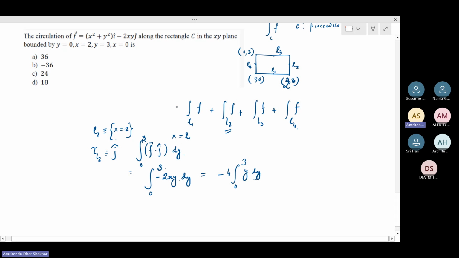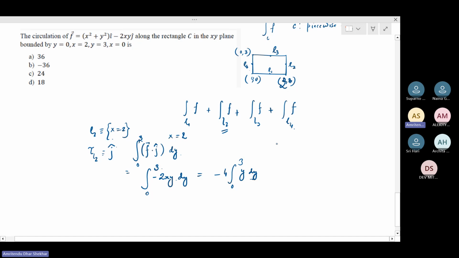Okay, so similarly you can do L1. For L1, the tangent vector is along the x direction, so it's just i cap, and y is equal to 0. So it's the integral of x squared dx, and the limits are from 0 to 2.